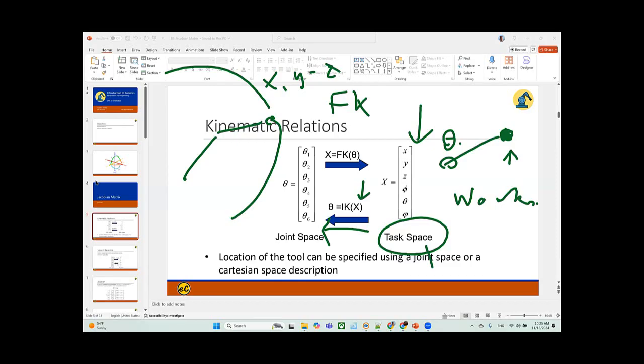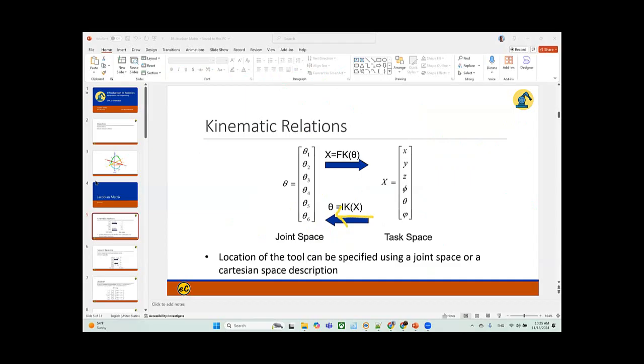And here we say task space because it includes your theta and your XYZ. So for your 6 degrees of freedom, every variable is listed in your task space or workspace. You reverse calculate to get the right joint variables. That's your control variables. That's called inverse kinematics. So let's look at forward kinematics.